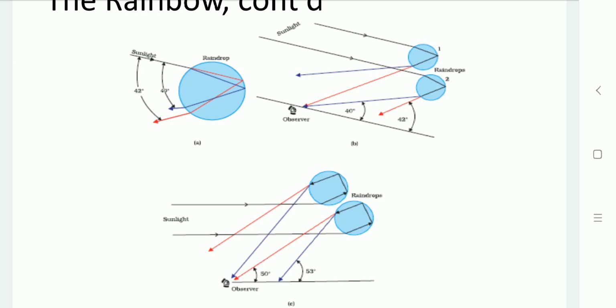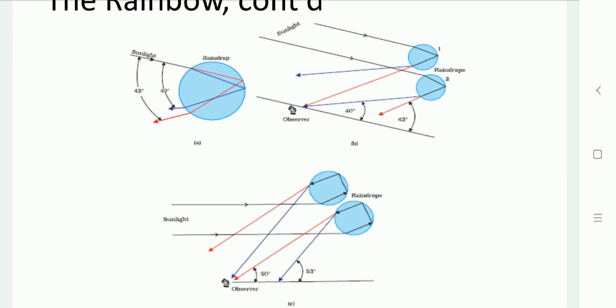Sometimes the light ray undergoes two internal reflections inside a raindrop, as you can see in diagram C, where two internal reflections are observed. So here, instead of a primary rainbow, a secondary rainbow can be formed.